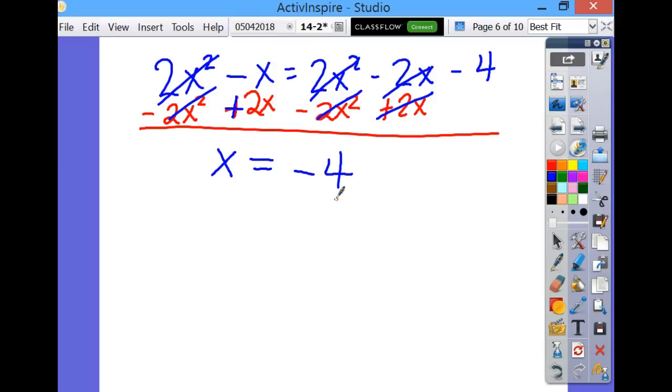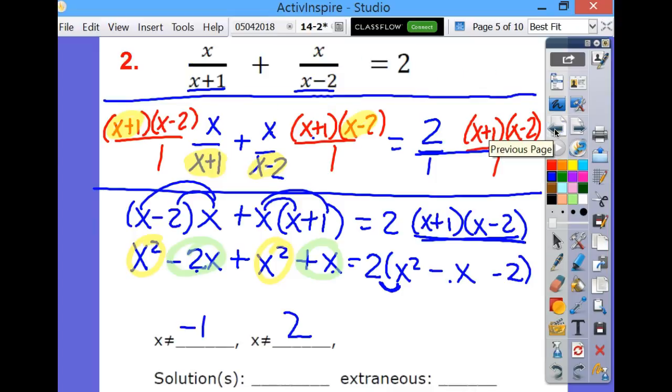So we didn't have to do factoring here because my x squared canceled out. So x equals -4. Does that contradict anything up here? And so that means there is no extraneous solution.